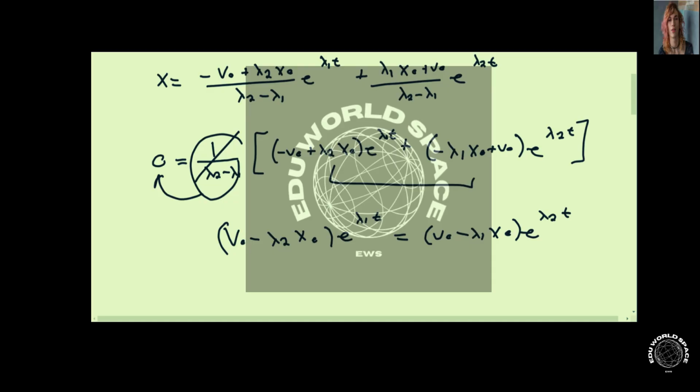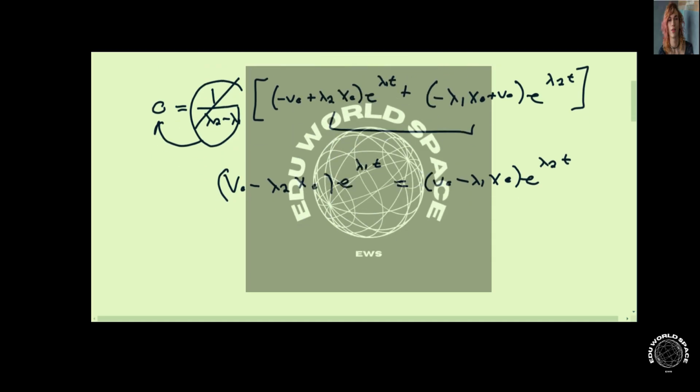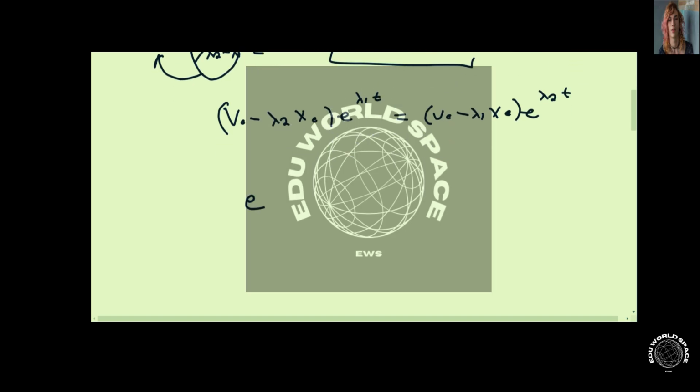Now we're going to get the e's by themselves. So we have e^((lambda 1 minus lambda 2) t) equals (v naught minus lambda 1 x naught) divided by (v naught minus lambda 2 x naught). And we're just going to take the ln.